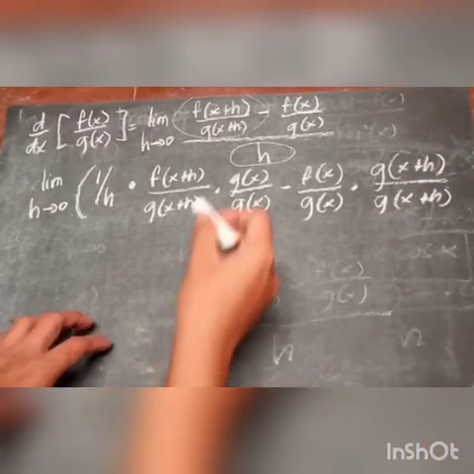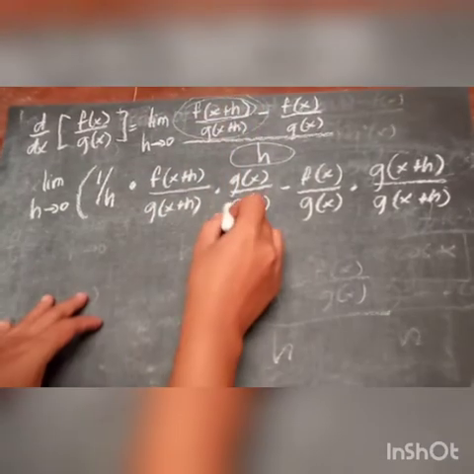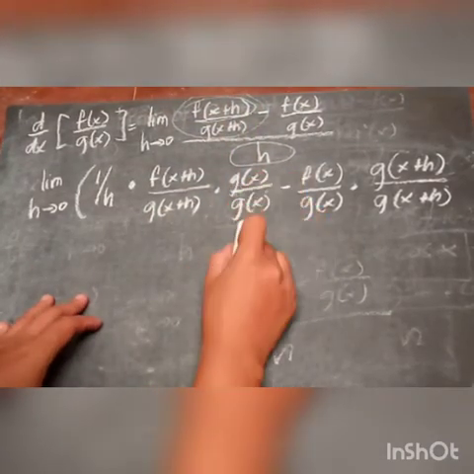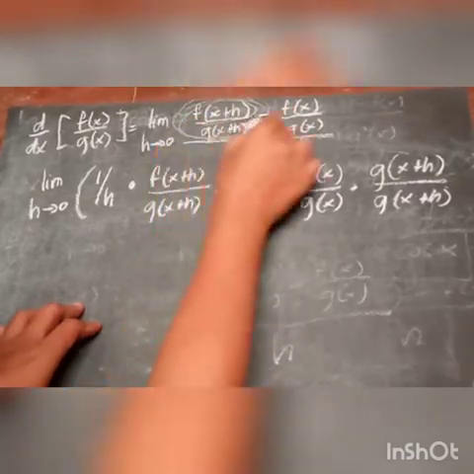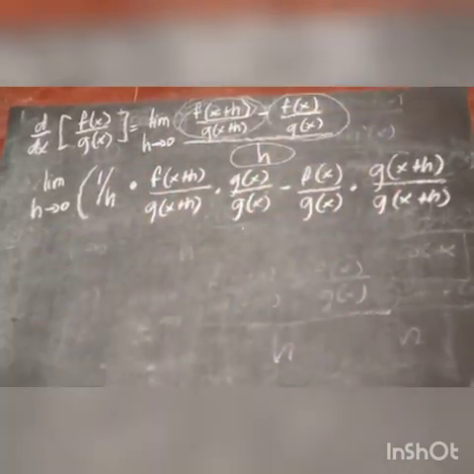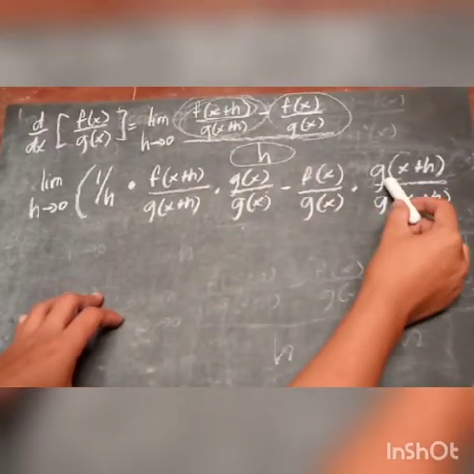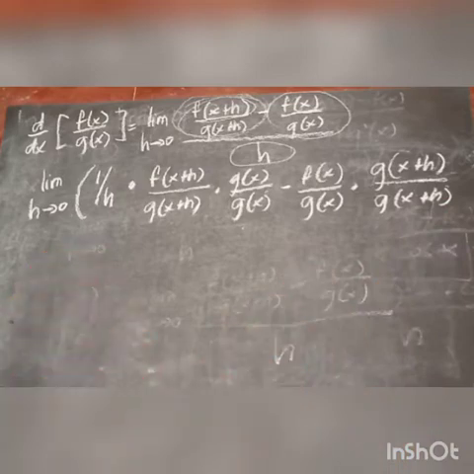So we multiply each fraction by the appropriate factor to have the common denominator.